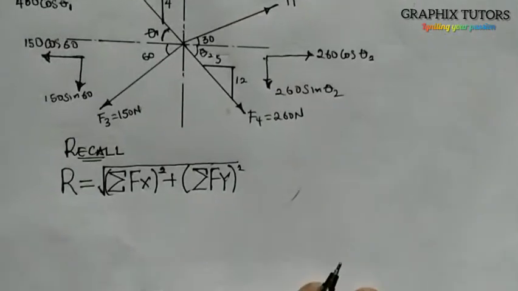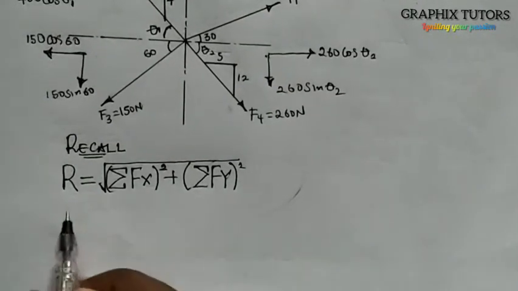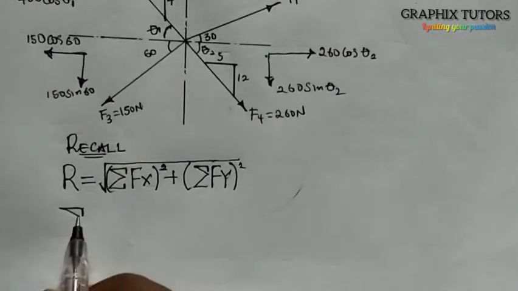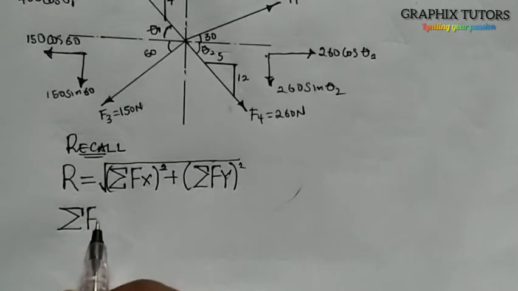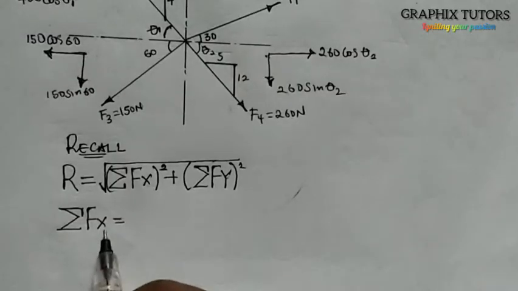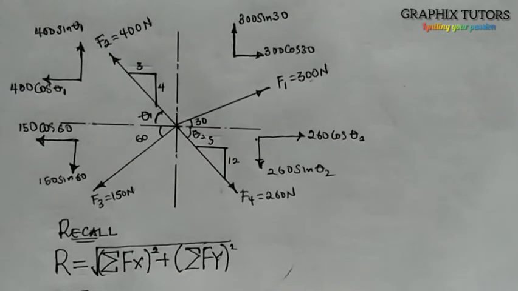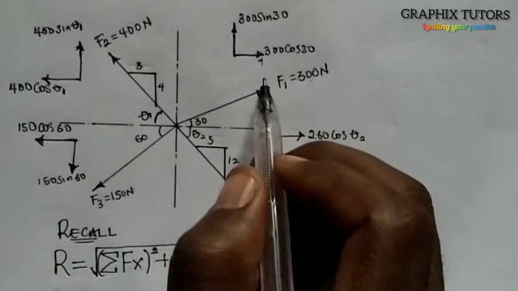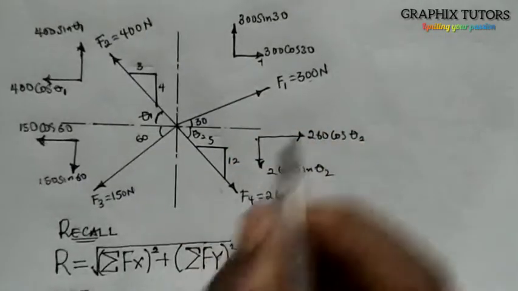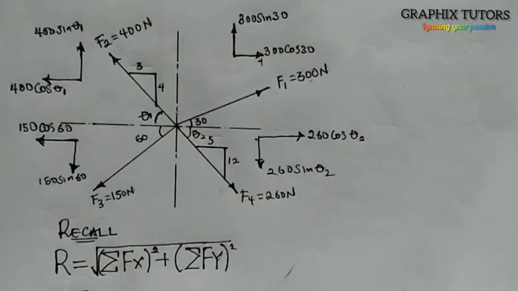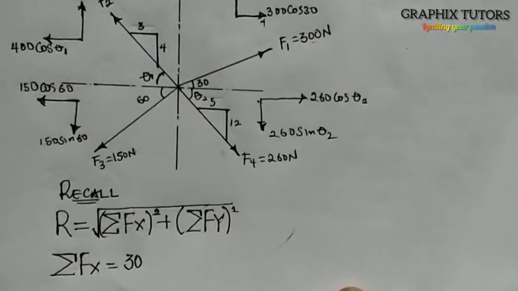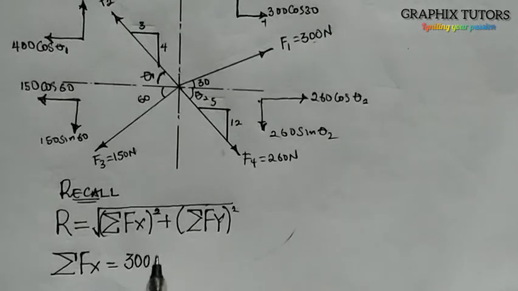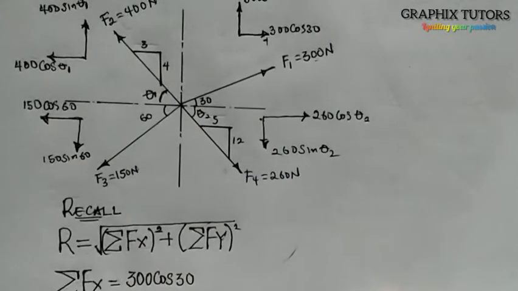So let's see, for summation of what? Fx, we are going to have, if you look at this here, it is horizontal, and our condition is that any force towards the right should be what? Positive, right? So the first one will be 300 cos 30, then the next one is this.